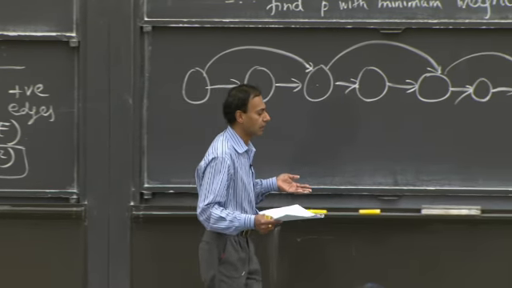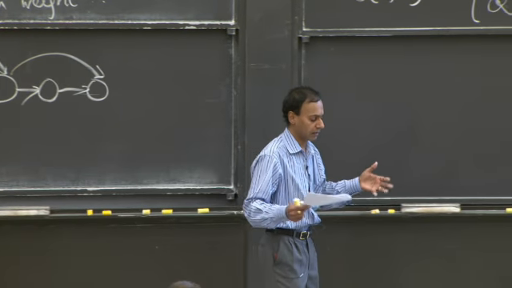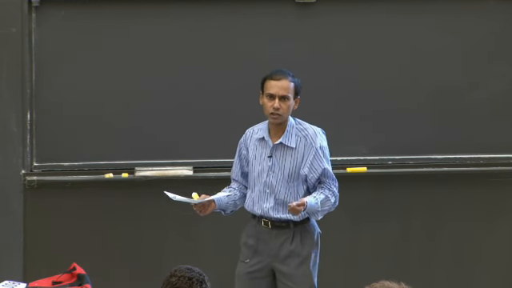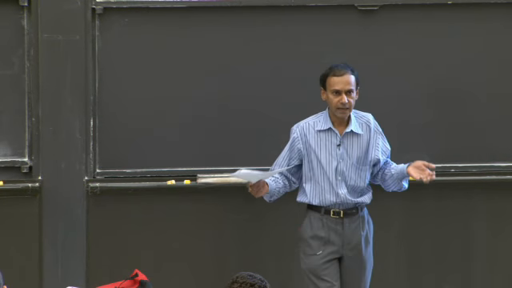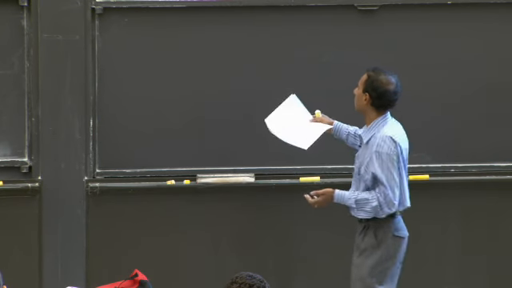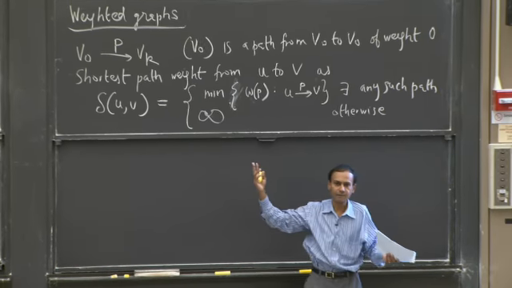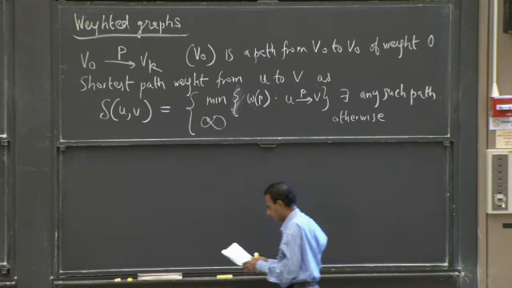And it's quite possible that you may be given a graph where there are particular vertices in your set V that can't be reached from the particular source that you started with. And for those vertices, if v is unreachable from u, delta uv will stay at infinity. Okay? So let's look at an example.